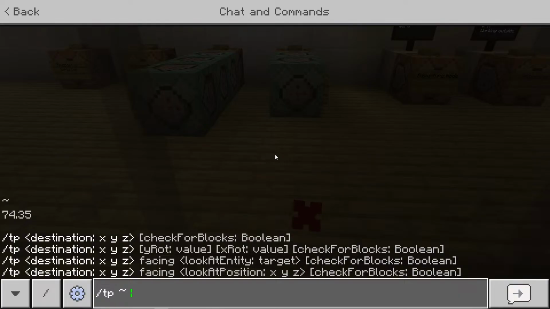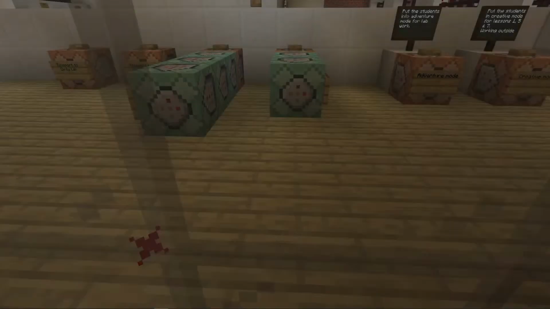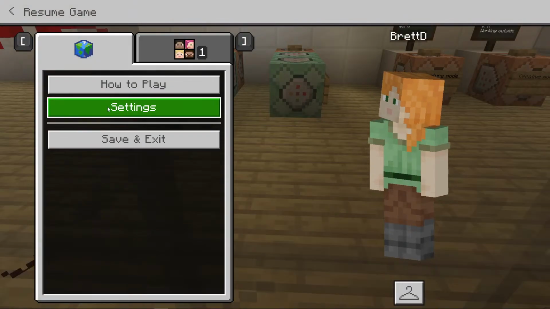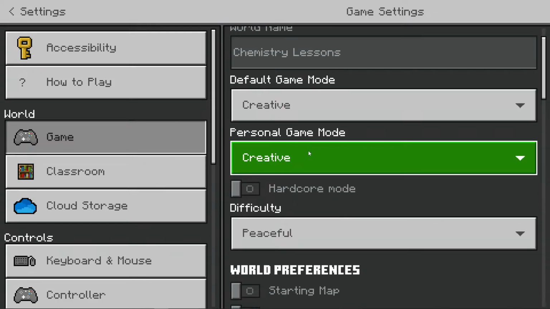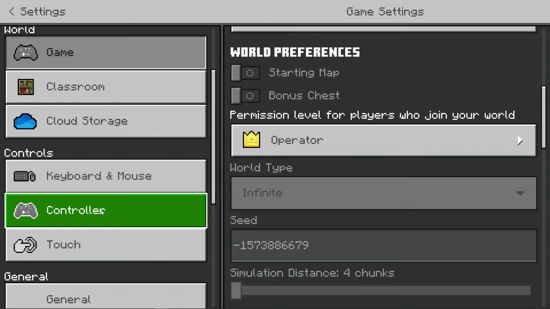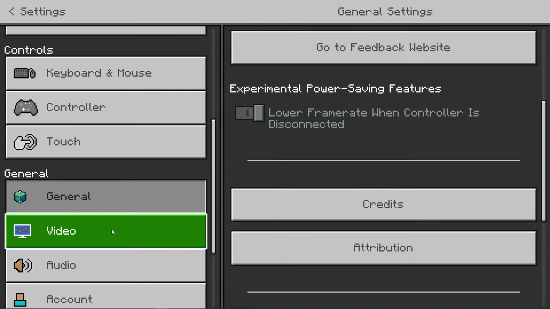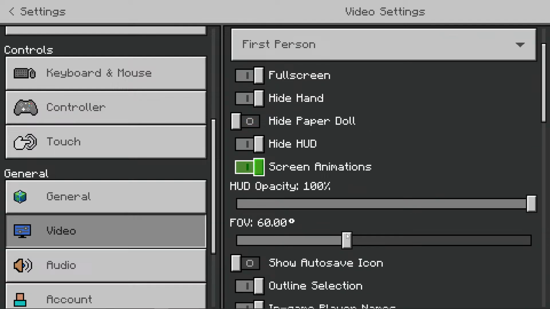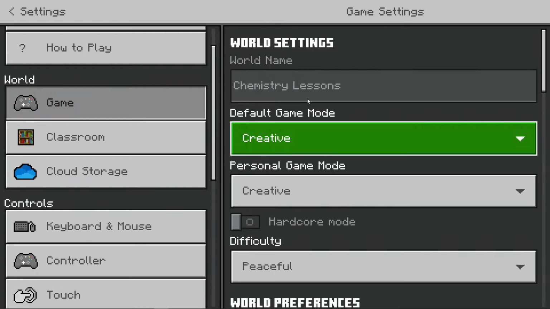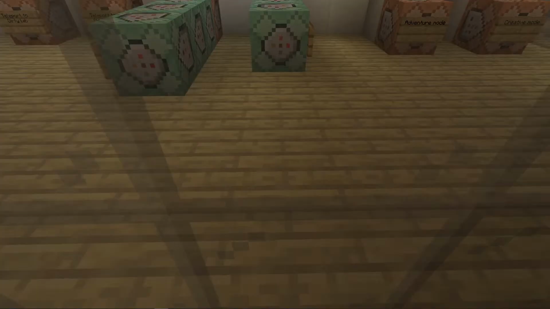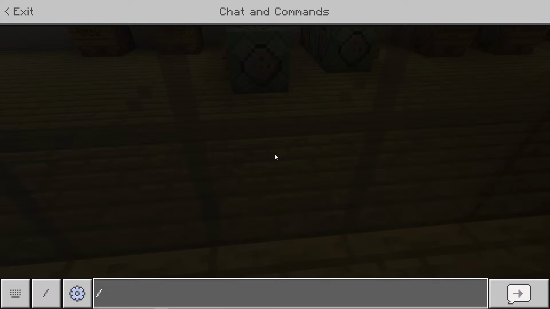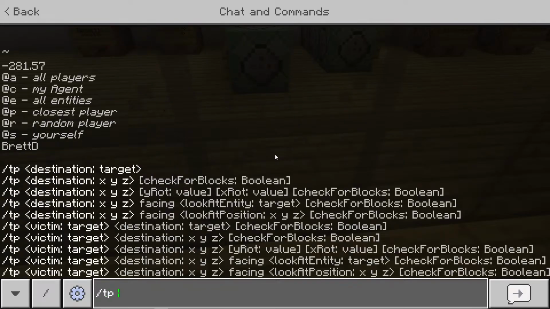Now, is that 74 the next line? I know there's a way to turn on your units here. Oh, I see. Wait, no, I don't. Hold on.